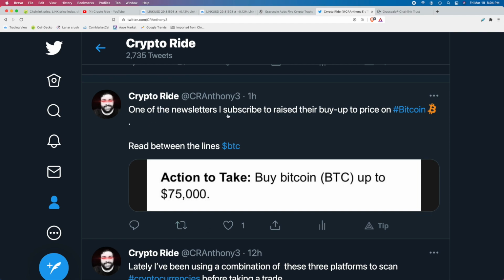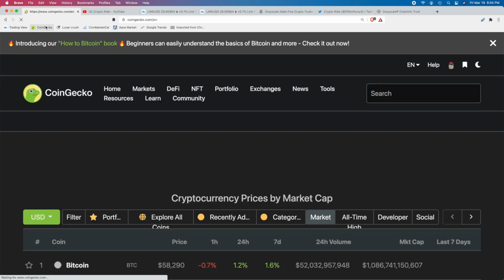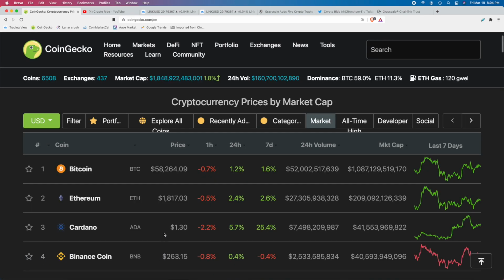But one of the newsletters I subscribe to raised their buy up to price on Bitcoin, and it says read between the lines here. They're saying to buy Bitcoin now up to $75,000. So as long as the price of Bitcoin is below $75,000, mind you, it's never been that high, ever. At the time of this recording, Bitcoin is trading at $58,260.